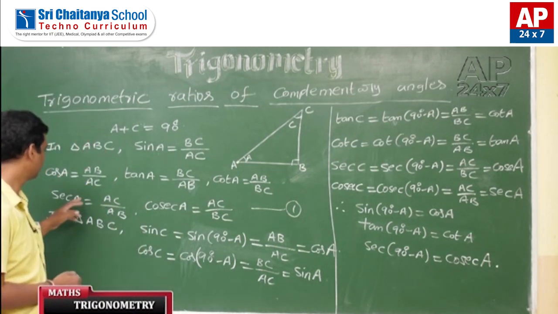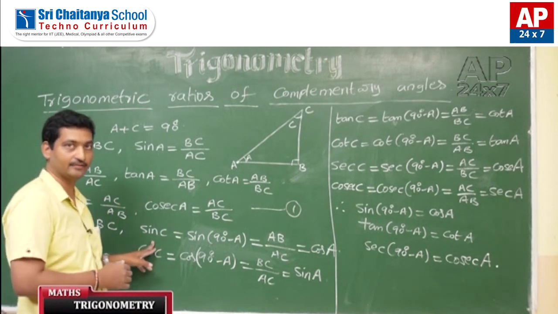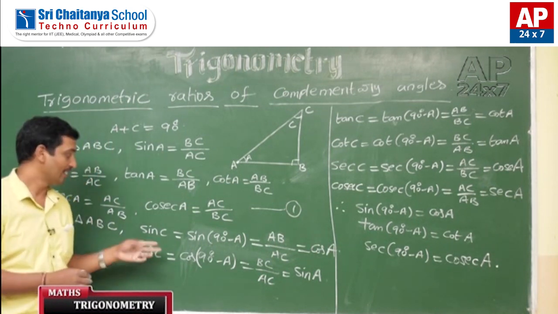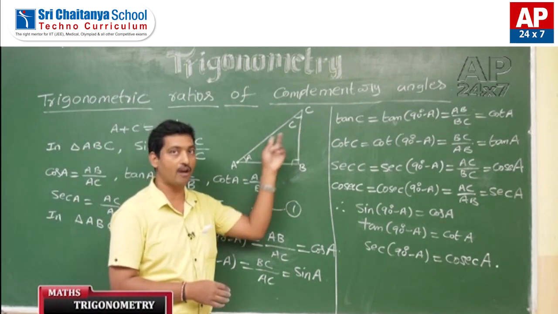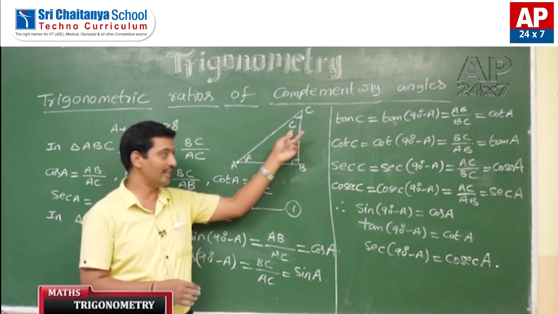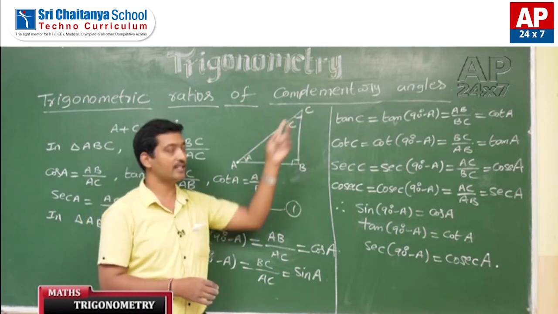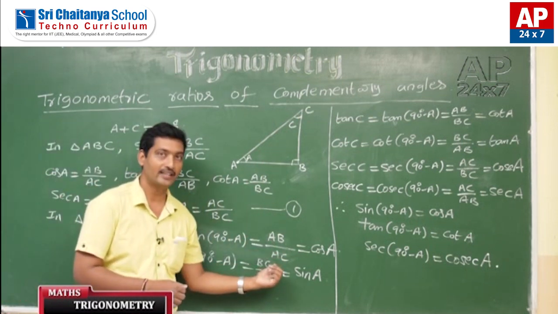Now let us see in triangle ABC what is sin C? Sin C is the side opposite to angle C, not angle A. The side opposite to angle C is AB and hypotenuse is AC. Therefore, sin C is equal to AB by AC.